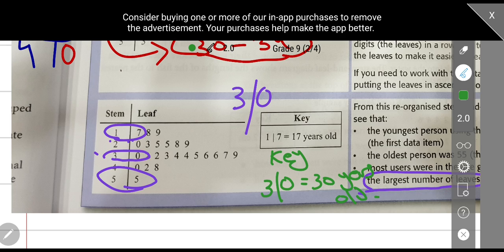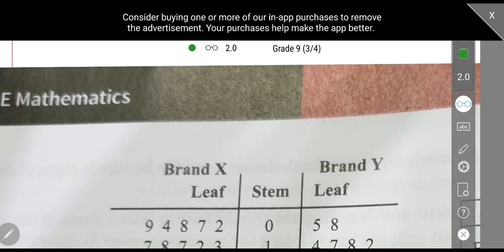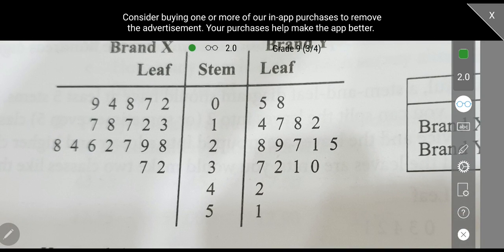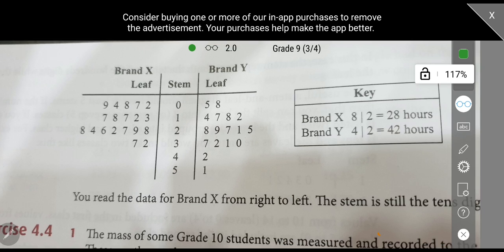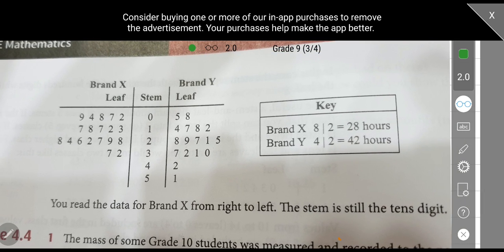Okay, let's look at one more example here. If I have such an example, I have the stem in the middle, and we have brand X and brand Y, two brands with the same stem.